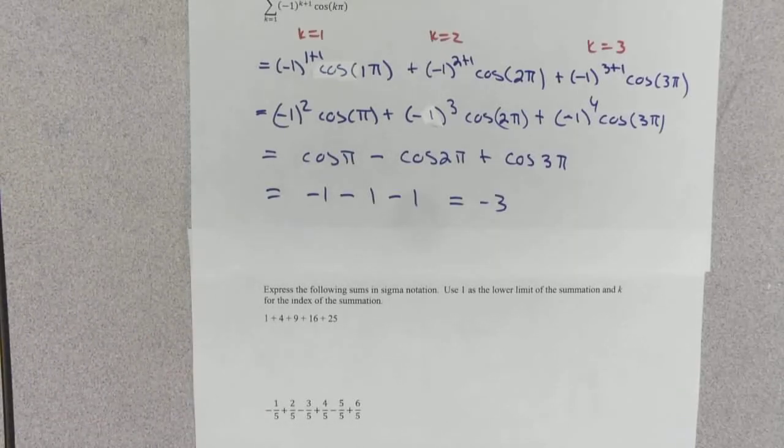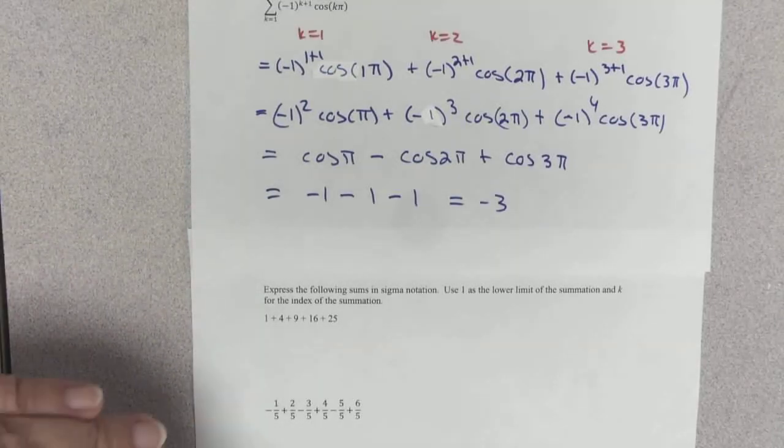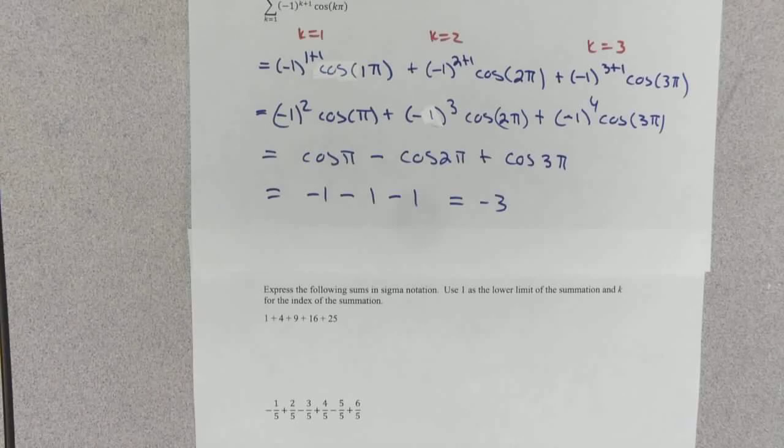So if you hate these problems, you're lucky. I hate them too. Again, we're just going for what the concept of summation notation is. And then later on, when you get to chapter 10, sometimes you're going to have to identify some patterns and then find some formulas, but they won't get much more complicated than what we're seeing here.